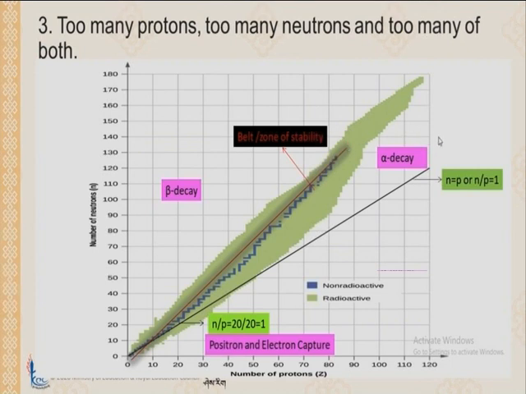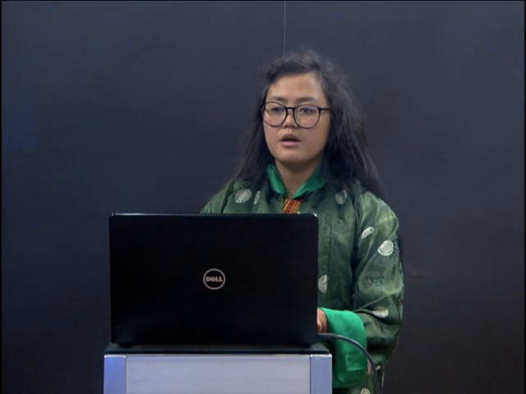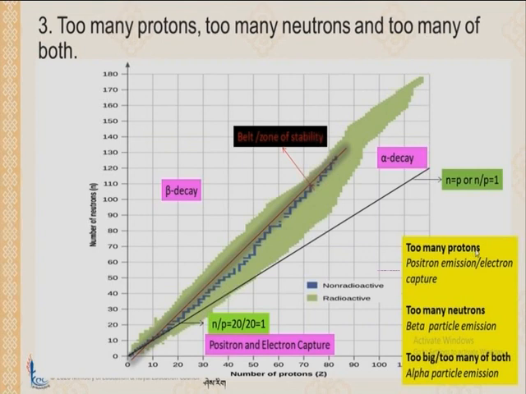To summarize this chart or this graph, you can see here if there are too many protons, this is applicable to elements present below the blue strip. So in that case, what will happen? There will be emission of positron or electron capture.